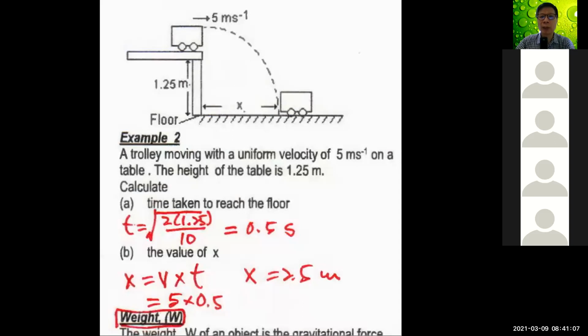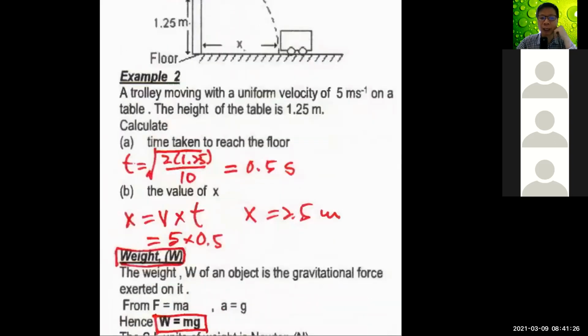Now all weighing scales give you the reading in kilograms. That one is actually the mass. It's not the weight, it's the mass, because mass is in kilograms. But now we are studying weight.